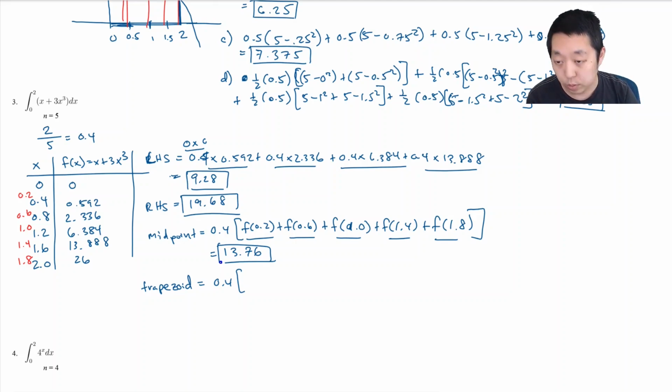So I'm going to do 0.4 times the average of those two. And I get 14.48. That's what I got.